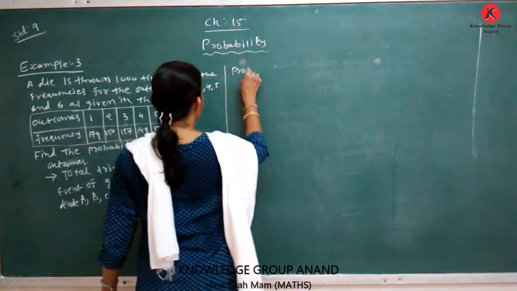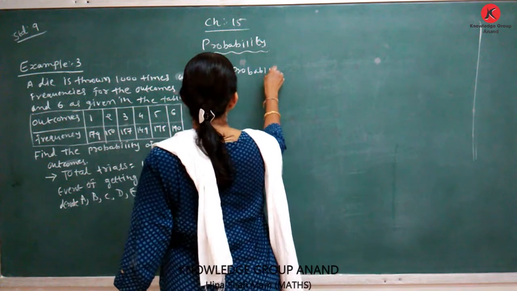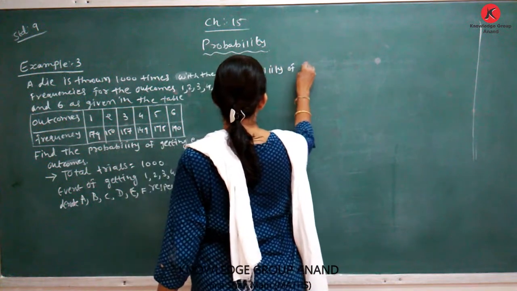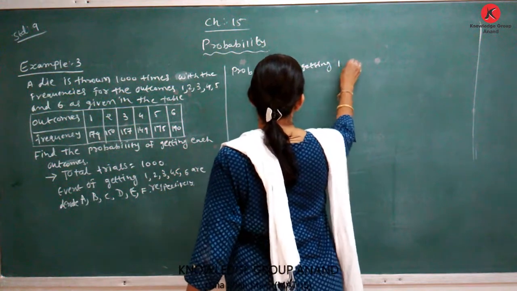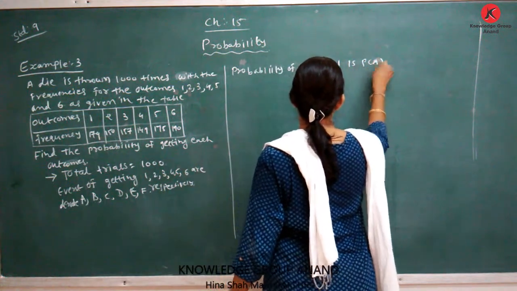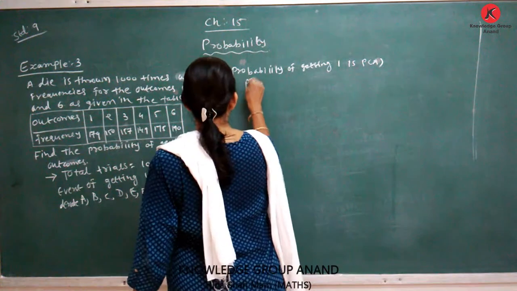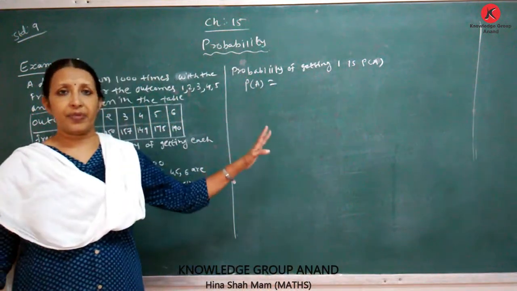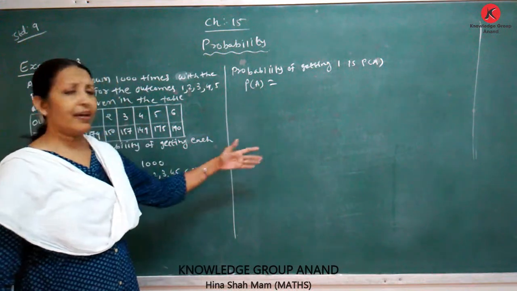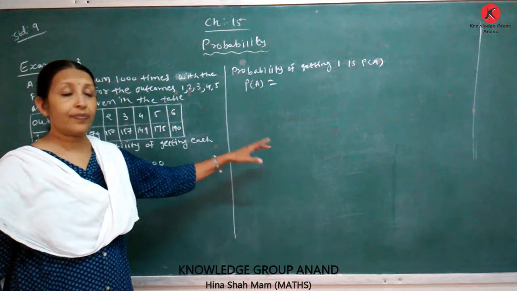The probability of getting 1 is P(A). The first time we write the formula, then other events we directly calculate.